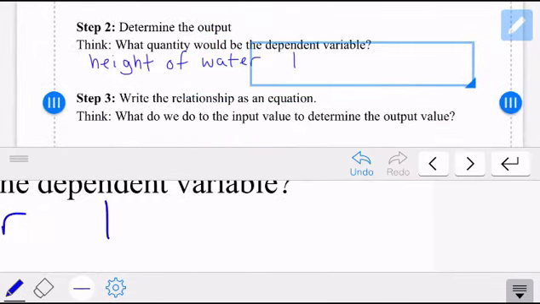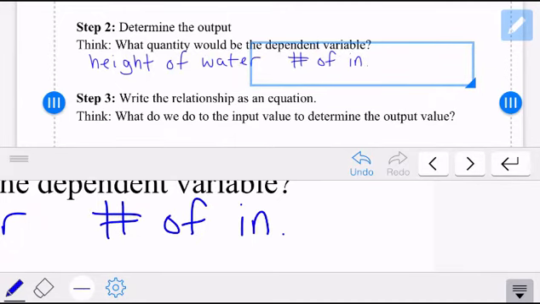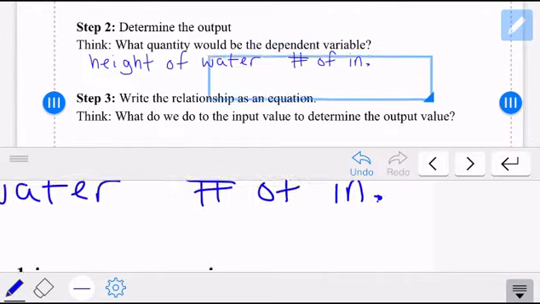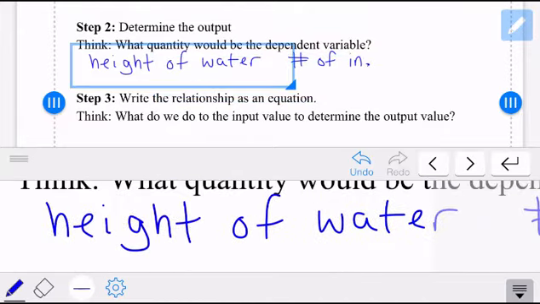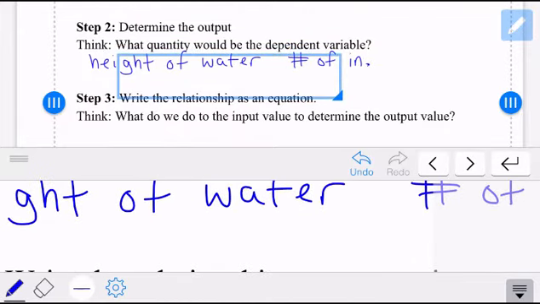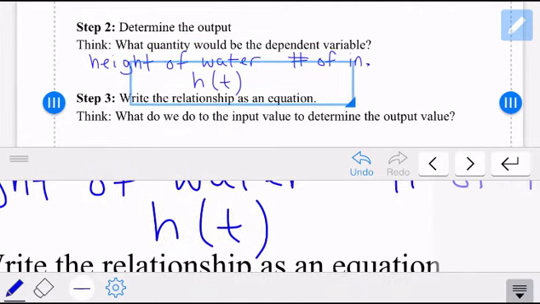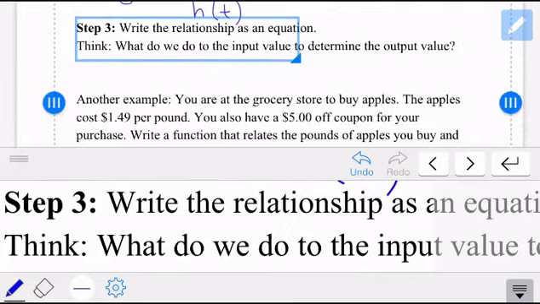So we want to say number of inches. Okay, so for our actual function, maybe we could say h for height, and we want it to be a function of our time t. So h of t is going to be our function.